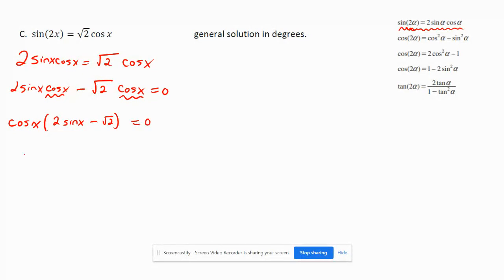So this is going to give us cos x equals 0, or 2 sine x minus root 2 equals 0. So this means that sine x, if we add root 2 and then divide by 2, equals root 2 over 2. Unit circle time.